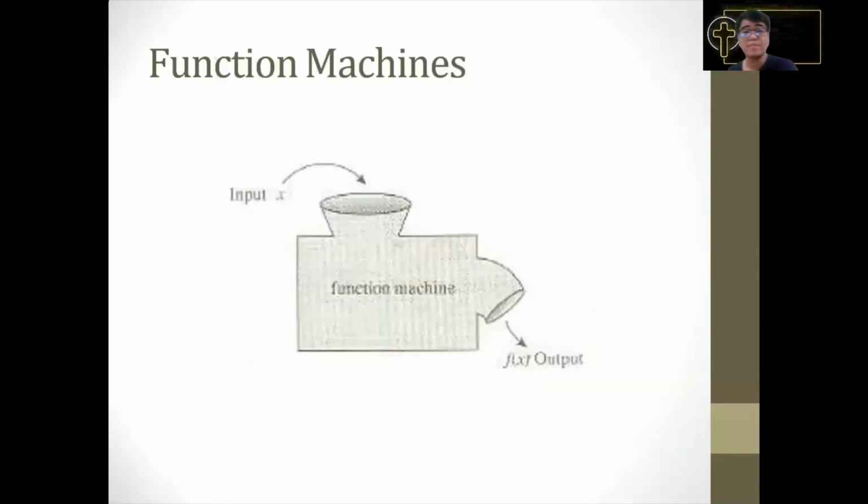Now, we look into functions like a function machine, in which we input the value of x and it provides us its value in y, or its pair, which is f of x.